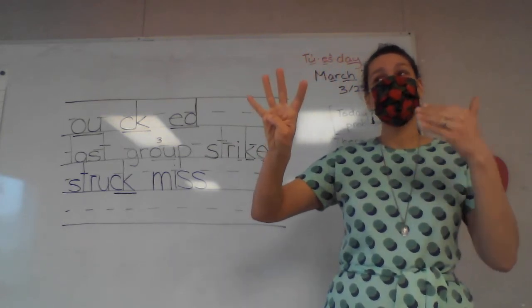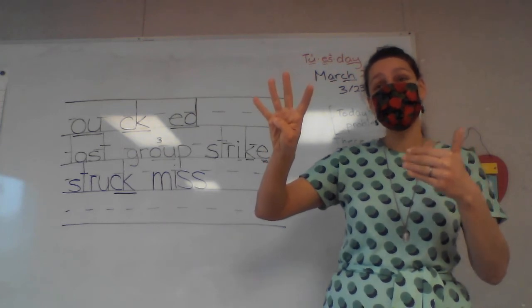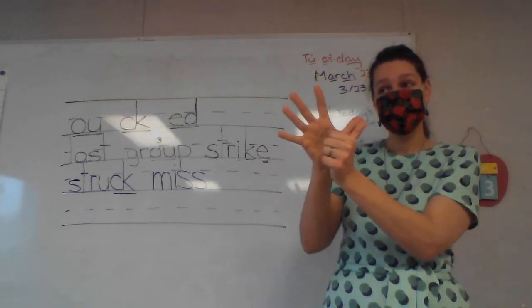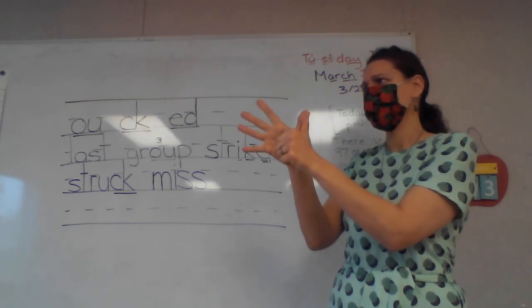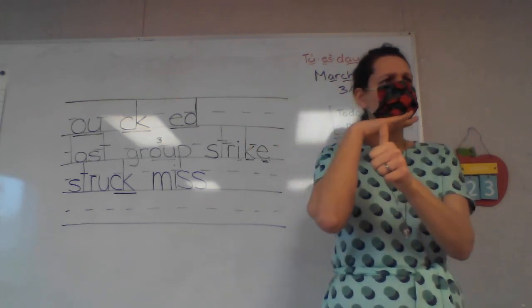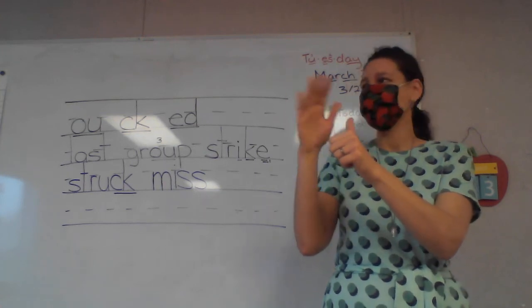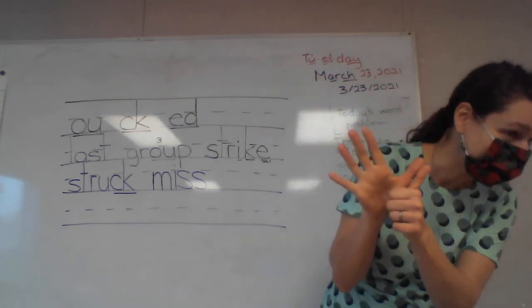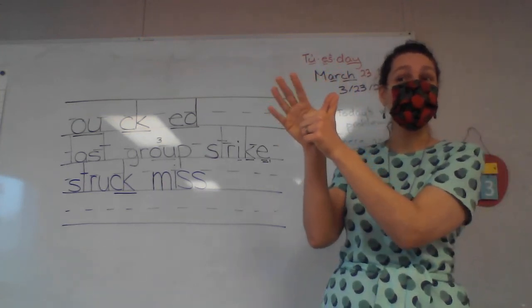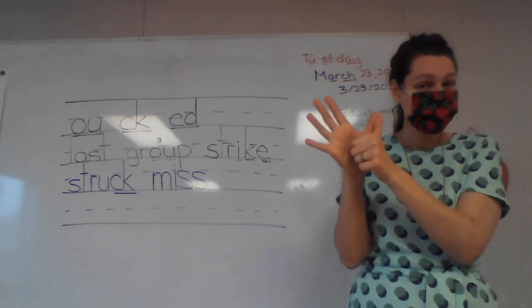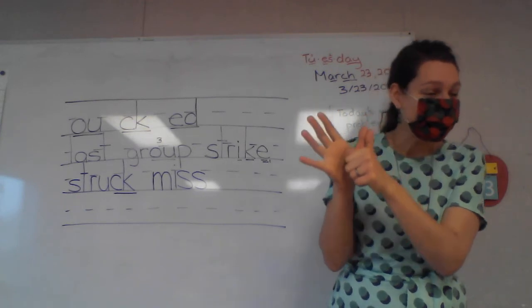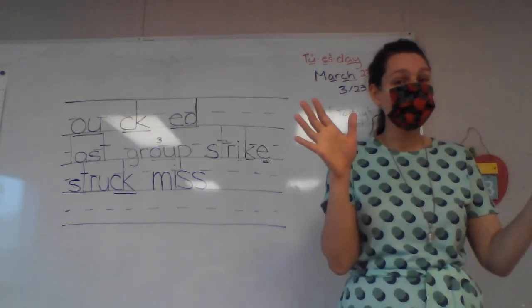Good, and then what suffix are we going to add? Past tense ending. Remember that does not always get its own syllable. Is it going to get its own syllable in missed? No, it's only when it says ed that it gets its own syllable. So one more time, what's our base word? Miss. And our suffix? Past tense ending. Great, say the sounds in missed while you write them.